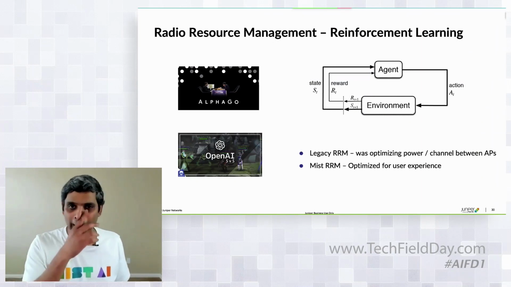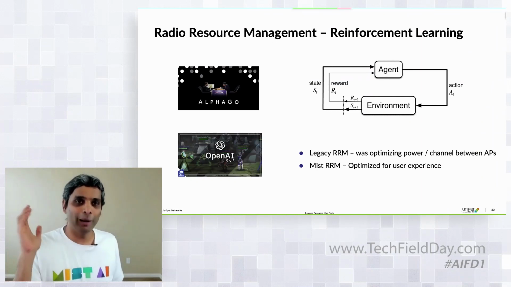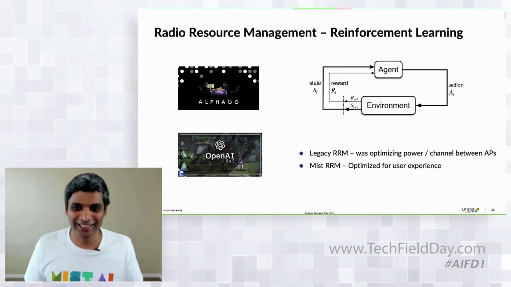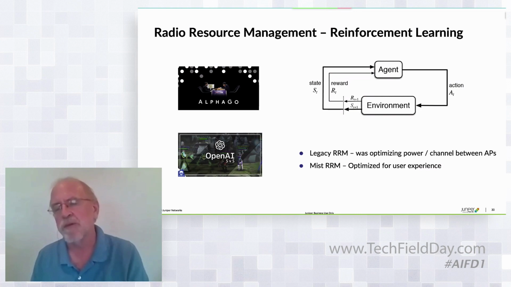All right. So maybe very quickly, in the interest of time, we'll hit on a couple of these examples, right? As Jisheng said, this is our ability to... Bob, you started RRM many moons ago, so I'm going to have you lead this. RRM has been around for like 20 years. I did RRM back in aerospace. 20 years ago, we were basically trying to optimize the power between devices. That was our interference optimization. What has changed in those 20 years is that now we have things like reinforcement learning, and we're not optimizing the power, we're optimizing the user experience.